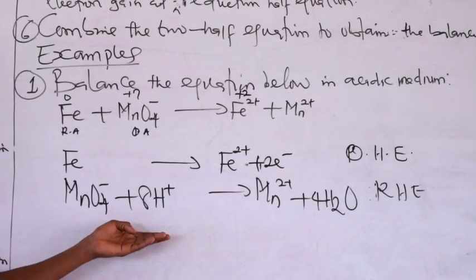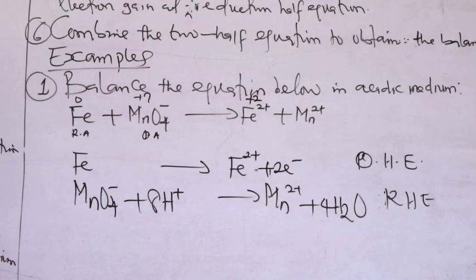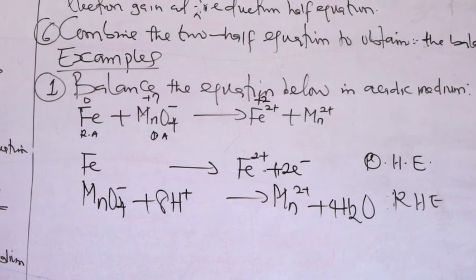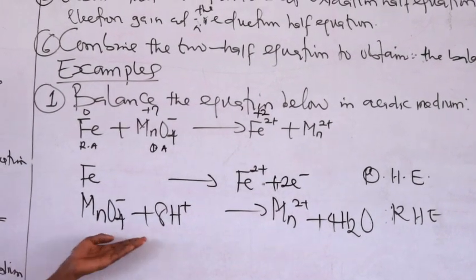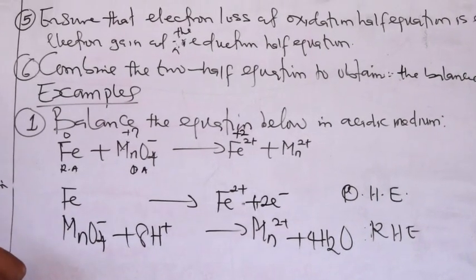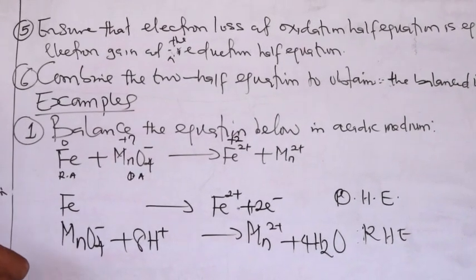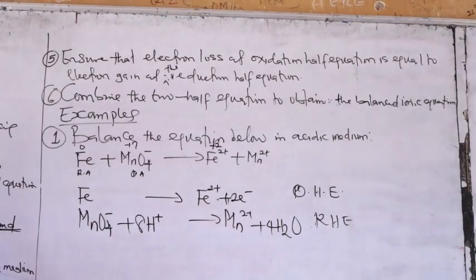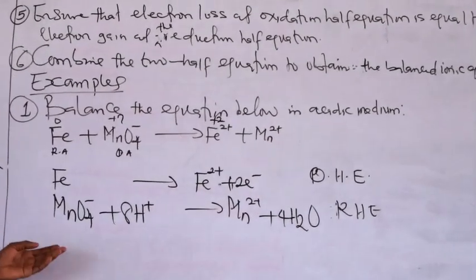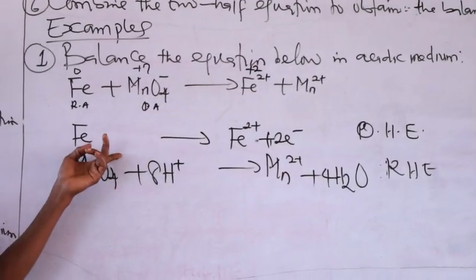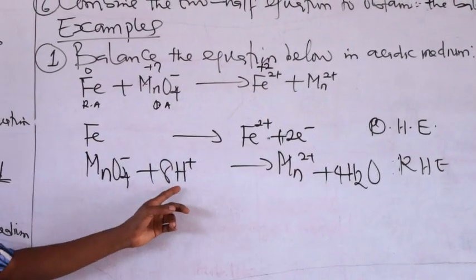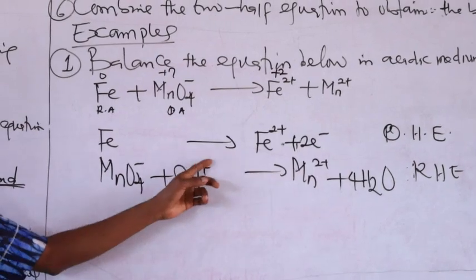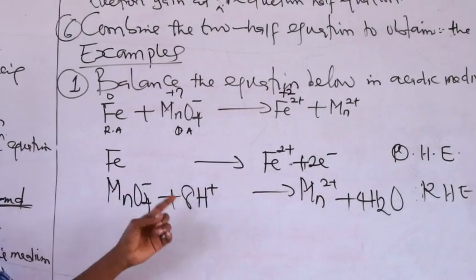Then you come to the second equation, which is the reduction equation. What total charge do we have at the left hand side? Plus 7. Do you all agree with that? Yes, sir. The charge of MnO4 is minus 1. We have 8 hydrogen ion here, that would be 8 charge.